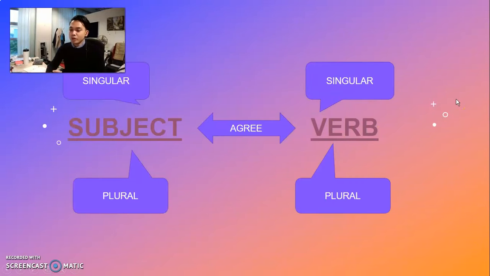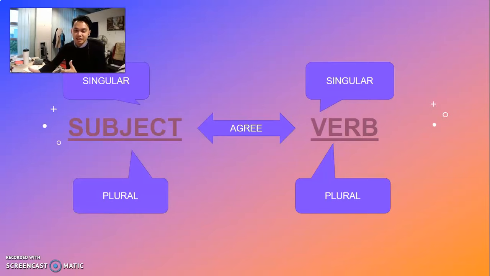Now, going back to the idea of subject agreeing with the verb, I've told you initially that for them to agree with one another, the idea is very simple. If the subject is singular, tidak ada s, the verb that comes after that must also be singular, which is with the s.